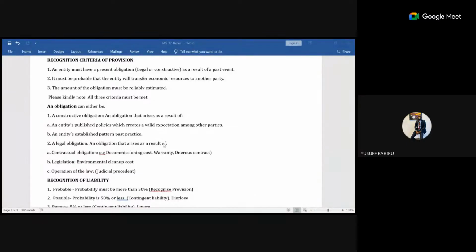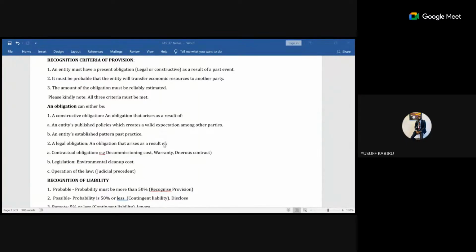So now there are three recognition criteria that must be met before we recognize a provision in the financial statement. Number one, an entity must have a present obligation. As I said earlier, there must be a present obligation.